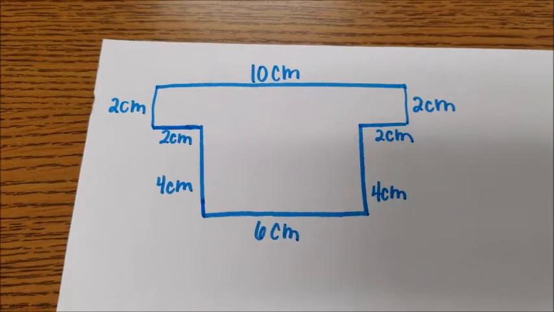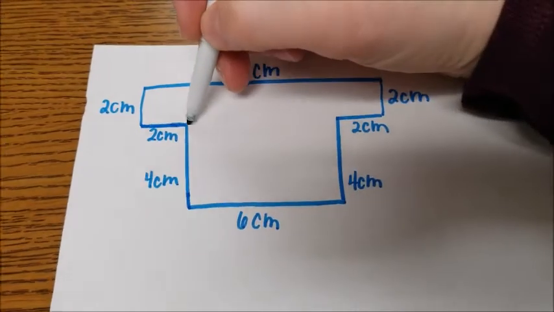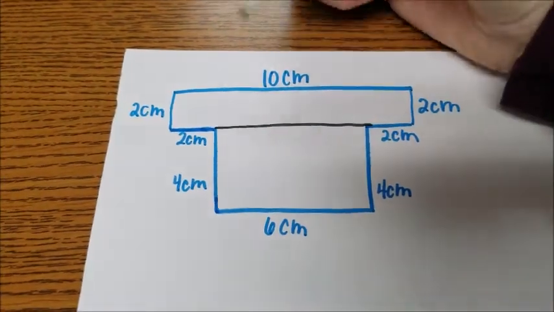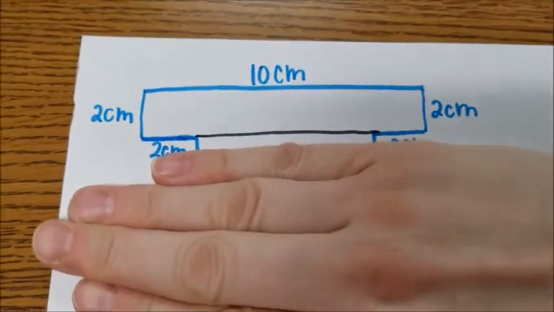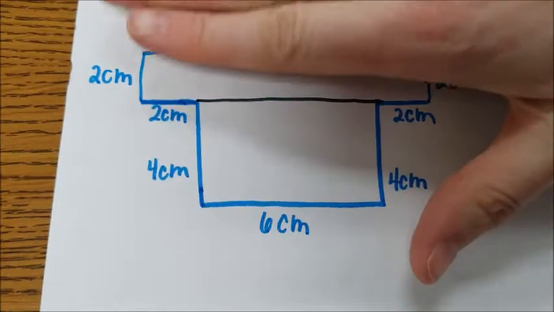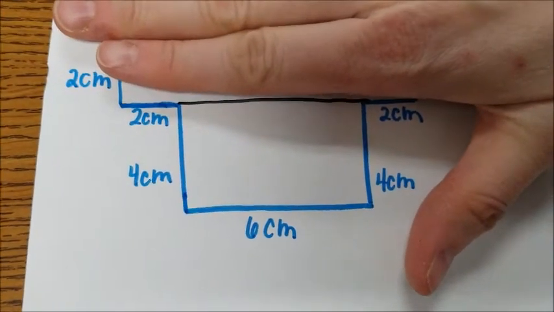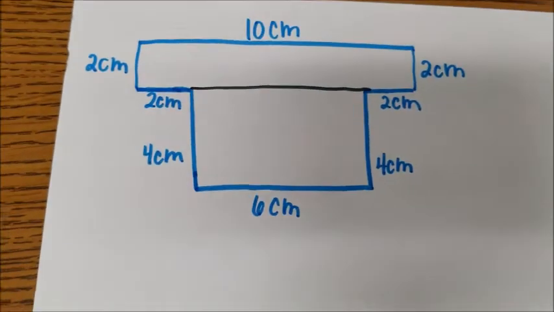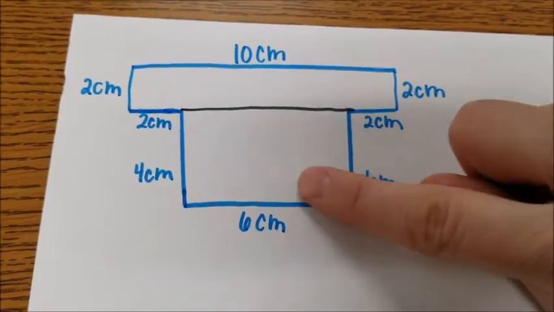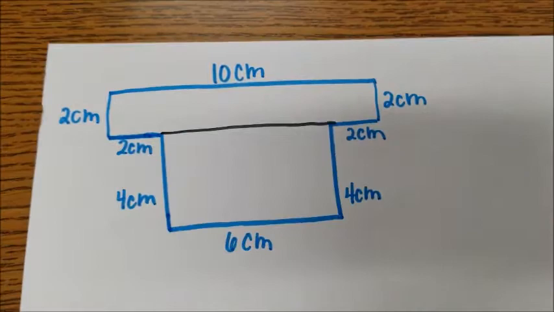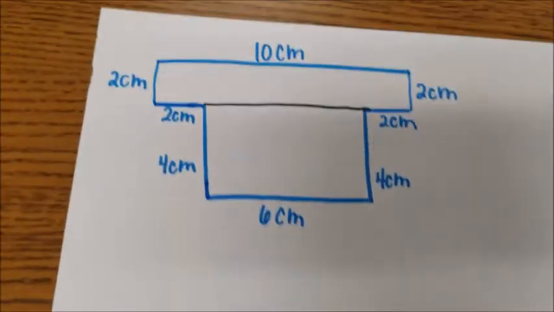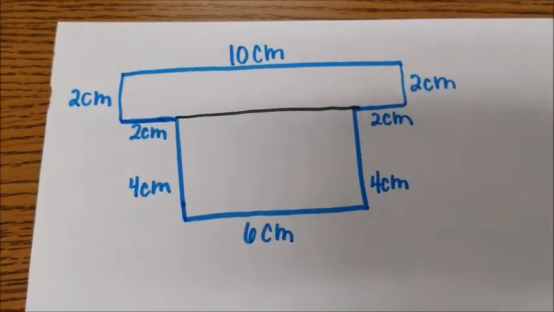And there's more than one way that you can do this. So for example, if I make a line going here, now look, I have a long, skinny rectangle. And I have this wide rectangle down here. So all I'm going to do is break it into 2 different ones, find the sides of that, find the area of each one, and add it together. I know it sounds like a lot, but it's really not too bad once you get going.